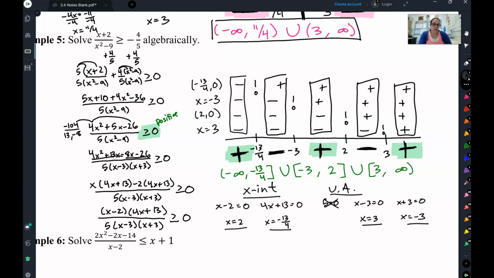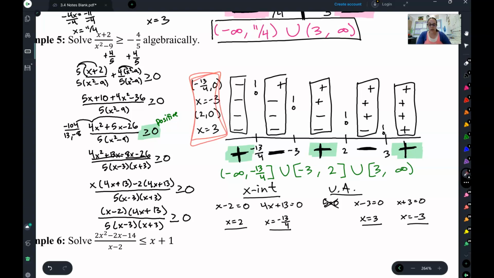Some of these answers were vertical asymptotes. And we learned earlier in this lesson, we cannot include a vertical asymptote. So we need to see which ones are vertical asymptotes and change those ones to parentheses instead of brackets. And that is why over here, I have you write these like this.